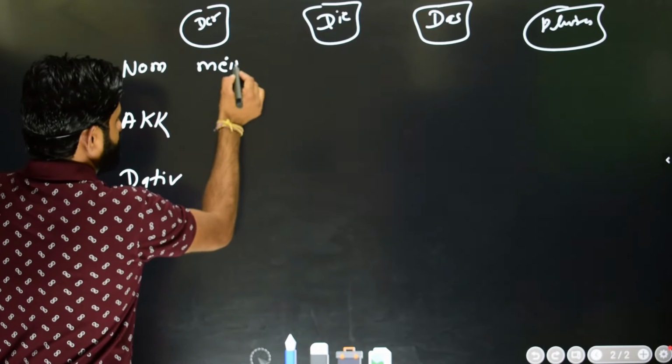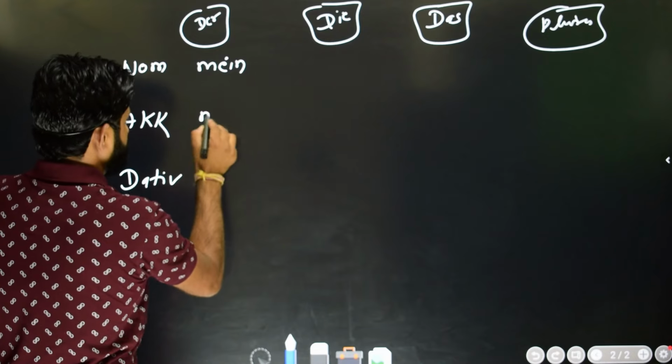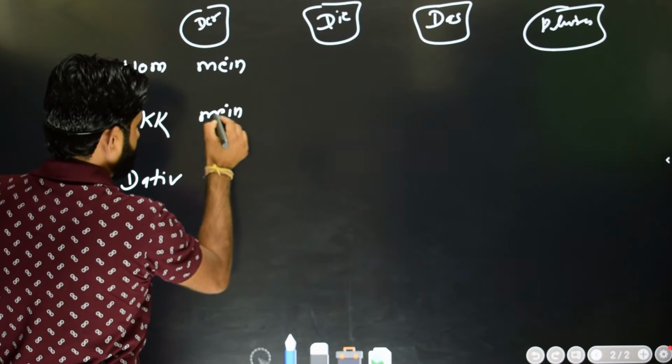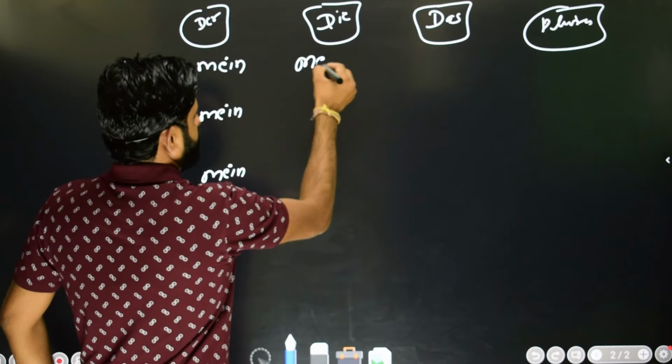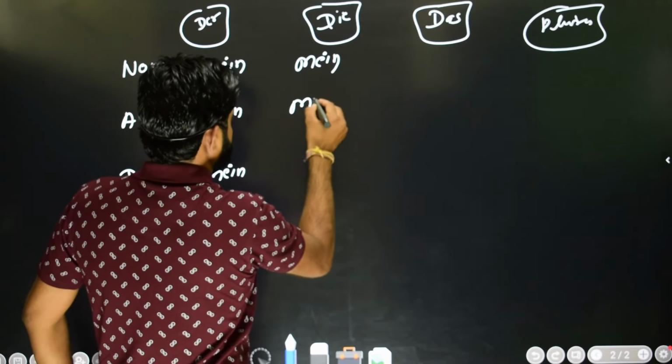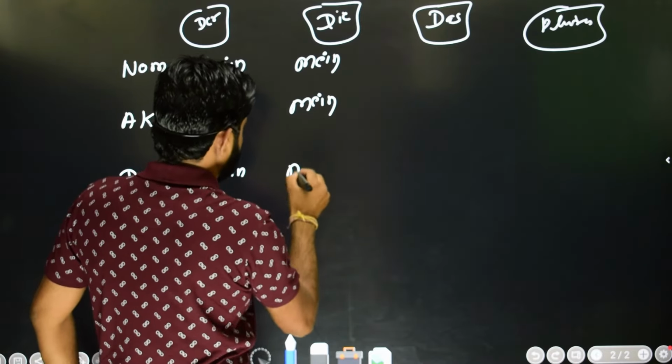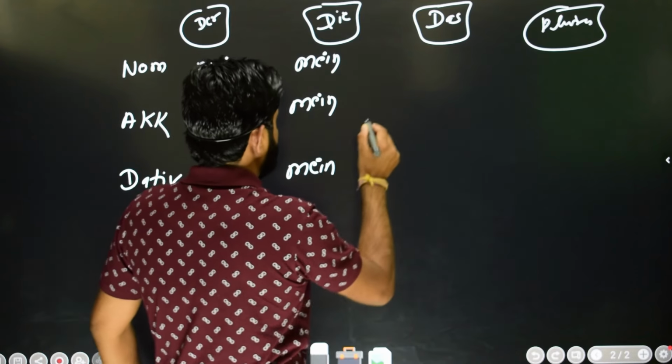First of all, I am going to write here the base form of the possessive article, that is mein only. So you can see here I am writing only the base form of mein. Then after we will add the ending.